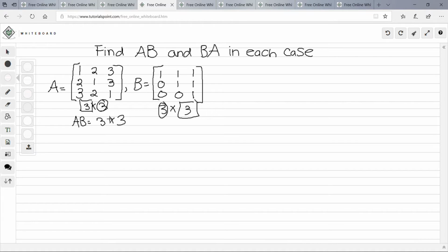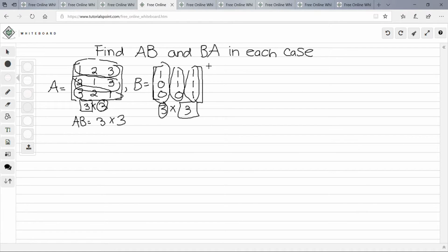Now we've got to find out the numbers. So what I'm doing is I'm literally multiplying this row by this column, this row by this column. To make it simpler, I'm going to show you step by step.